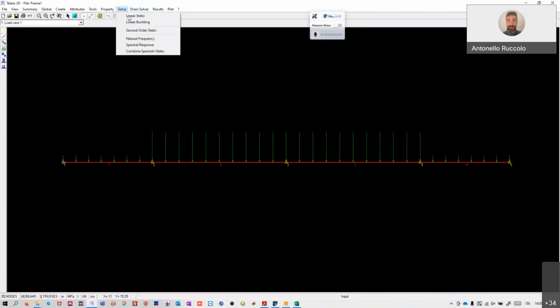And we can solve the structure. My laptop is going very slow this morning. I don't know why it is taking so long.